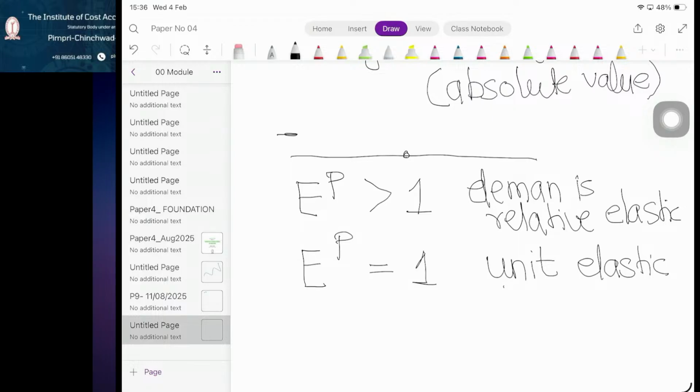And if the price elasticity is less than 1, we say demand is relatively inelastic.